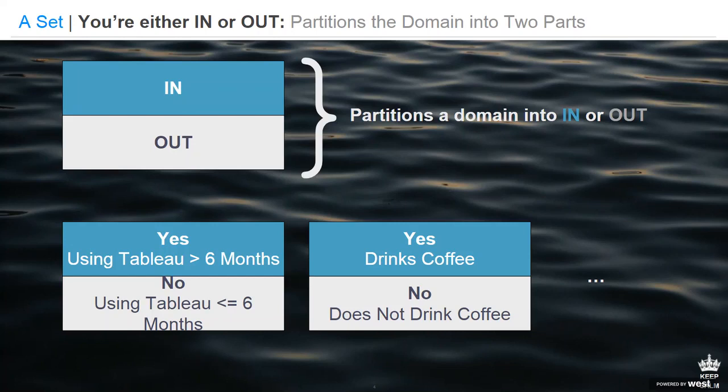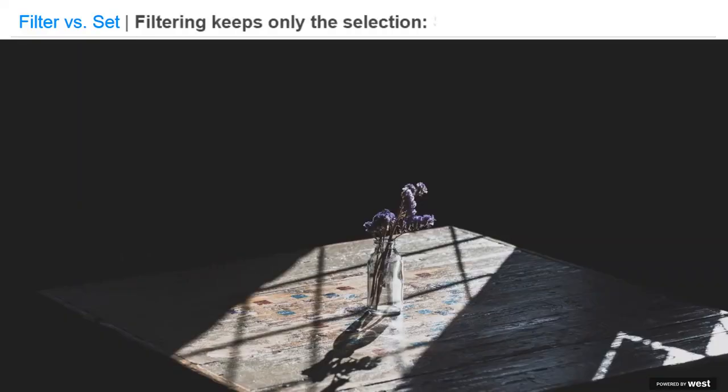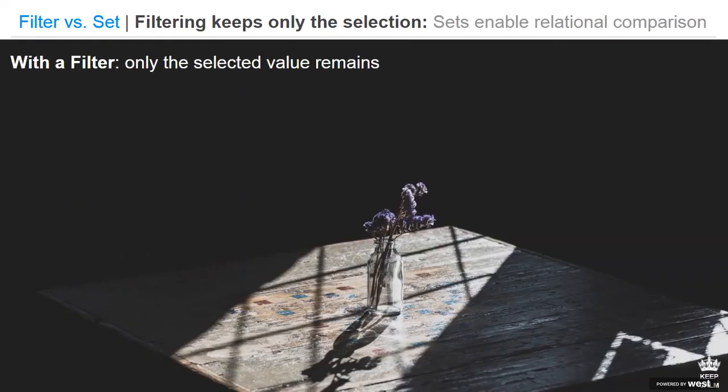You can use them in Booleans, and you can use them virtually everywhere. And now the power of these things comes into play when we can transition the control over who is in and who is out of the set over to our audience as they interact with the dashboard. So as a preface into the actions piece, I thought it might first be helpful to illustrate what's the difference between a regular filter and a set.